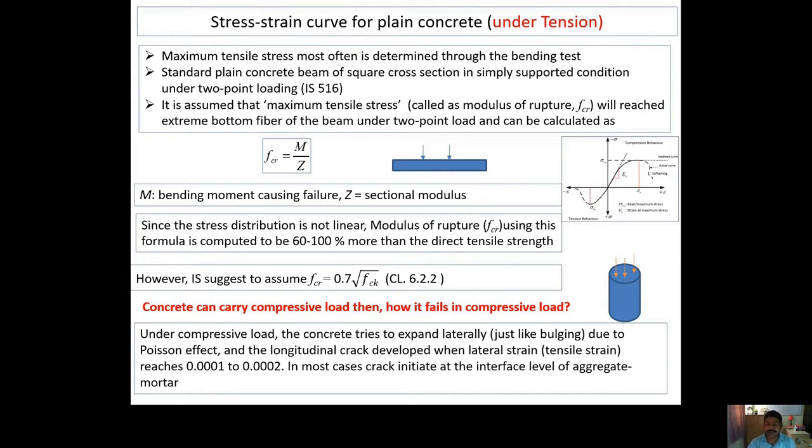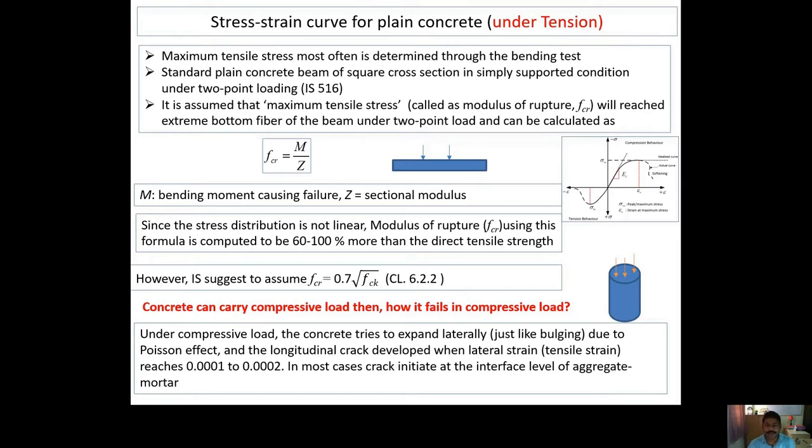Now if we discuss indirect testing, as already discussed, we can conduct the bending test on a prism. They give 2-point loading. Some books refer to it as the 4-point bending test. 4-point in the sense that there are 2 supports and 2 points for the loading. So if you go for the 2-point bending test, we can have the maximum stress at the bottom.